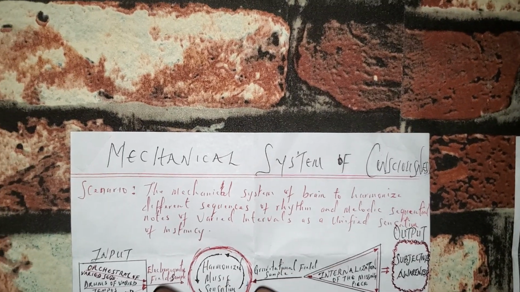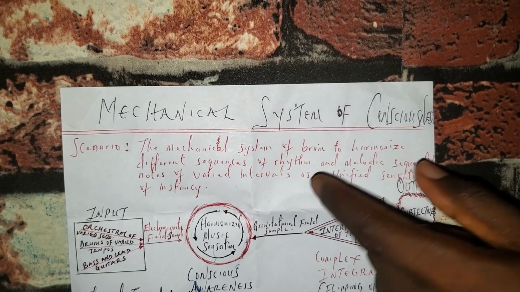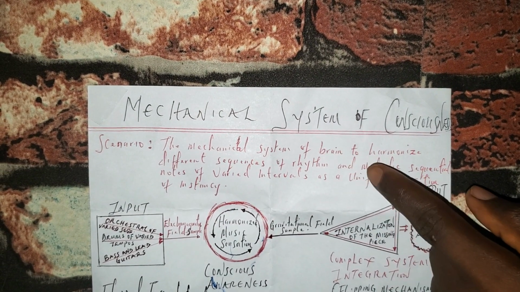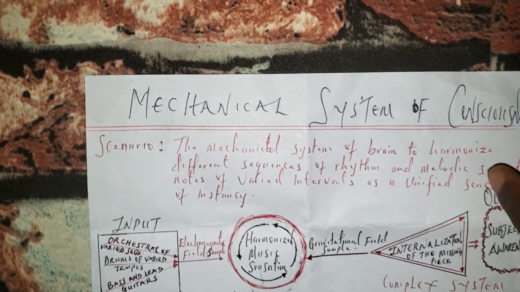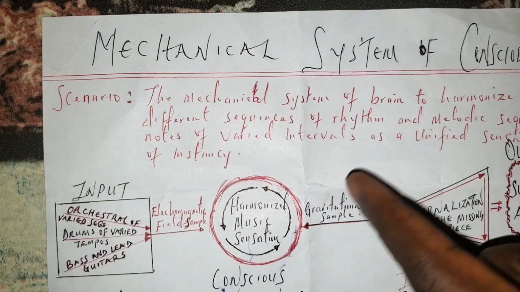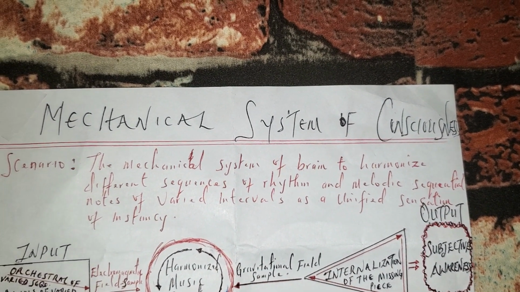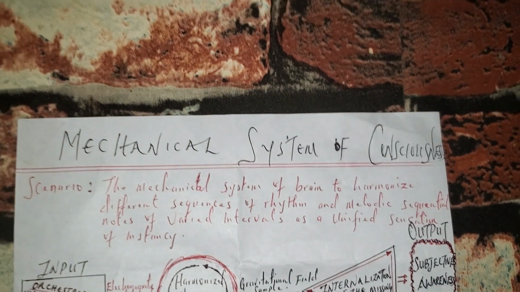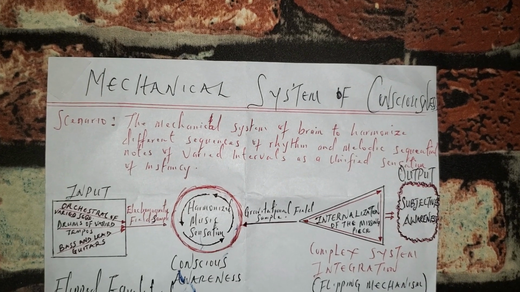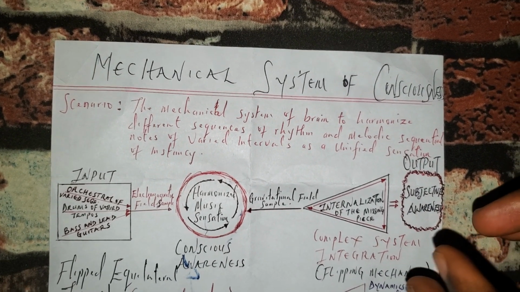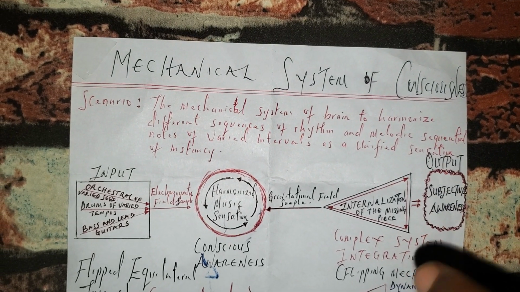Now, let's say we have a scenario where the mechanical system of the brain harmonizes different sequences of rhythm and melodic sequential notes of varied interval as a unified sensation of instancy. By having this scenario, when we analyze it through this diagram, we know that there is a kind of convergence for consciousness for it to be smooth, such that it will give us the clarity that we have.